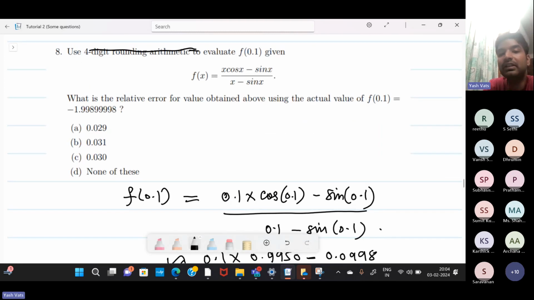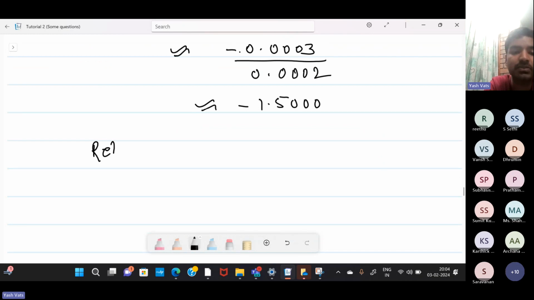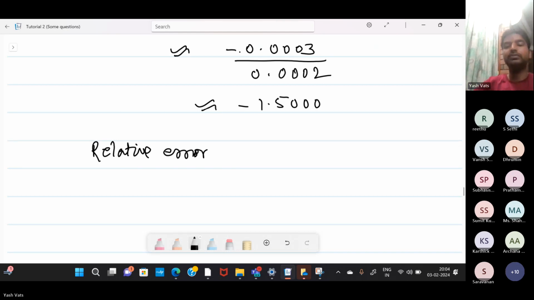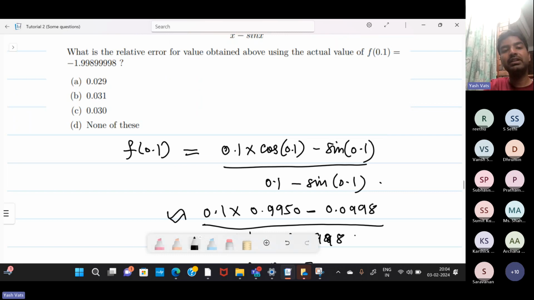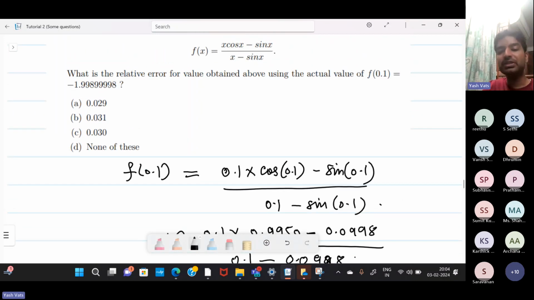So just calculate the relative error. How do you calculate relative error? Relative error is just the actual value minus the approximated value, divided by the actual value. The actual value is minus 1.99899, whatever. You don't need to round off the actual value to 4 decimal places. The approximated value needs to be rounded off or chopped off.